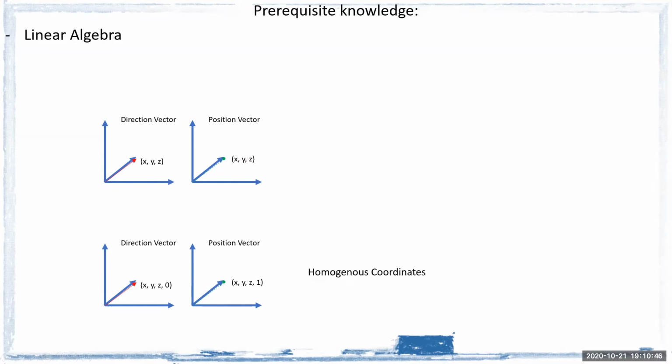The reason for that is because vectors mathematically always represent a distance from the origin, but we're not trying to do that with a position. We want to be able to translate that position in space. And translation in space is not a linear transformation.